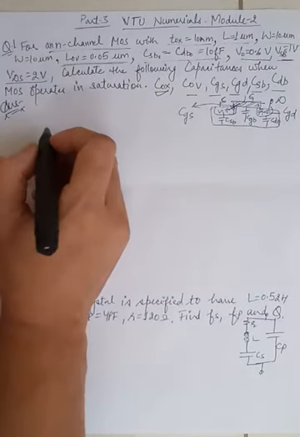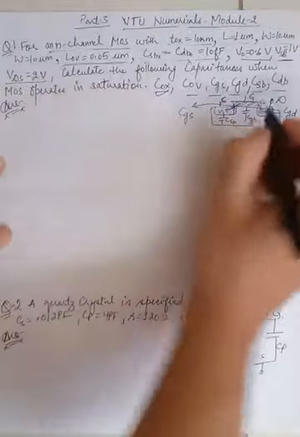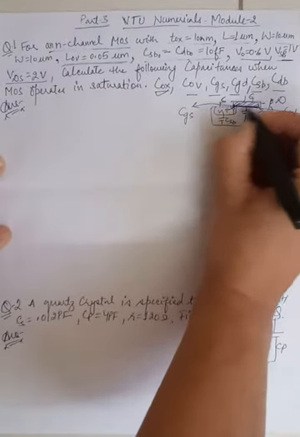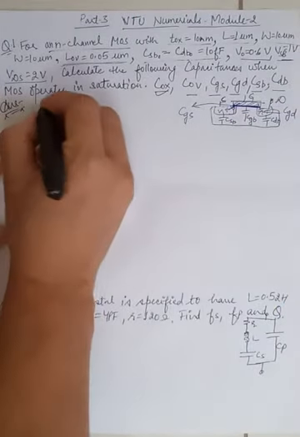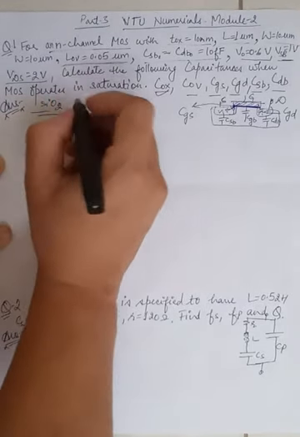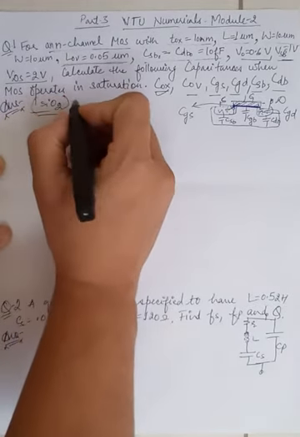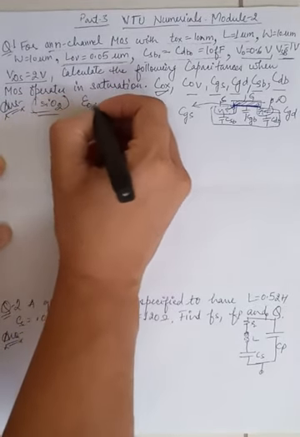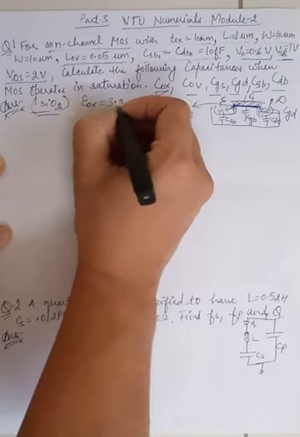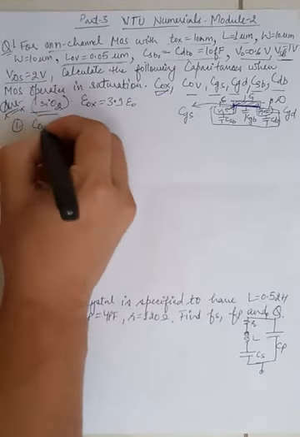Let's quickly calculate them. Now, in this problem, since they haven't mentioned what is the material of dielectric used here, we'll assume that it is SiO2. If it's mentioned, it's good, but we are assuming SiO2 since nothing is mentioned. For SiO2, your epsilon OX is nothing but 3.9 times epsilon naught. So let's find out COX first.